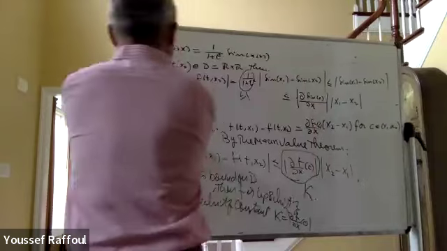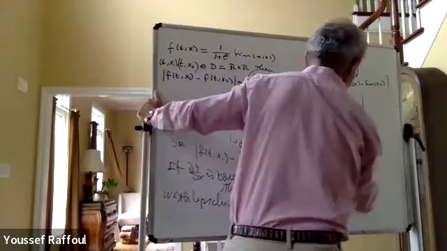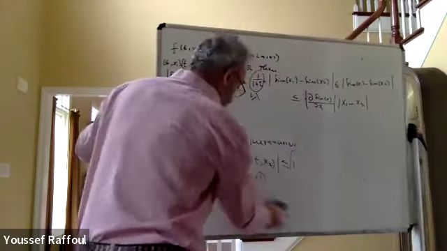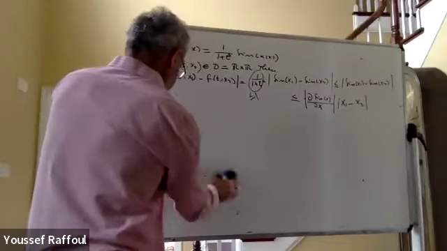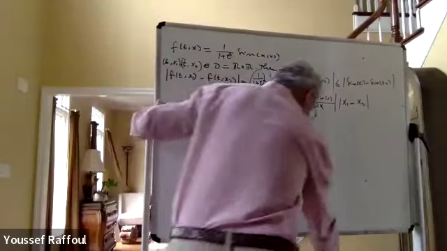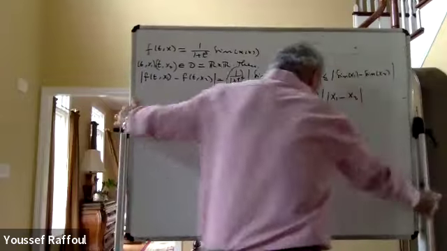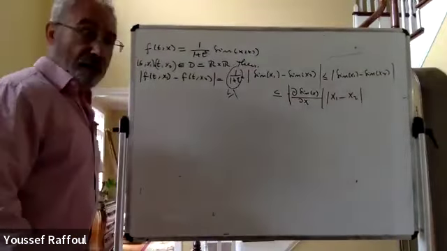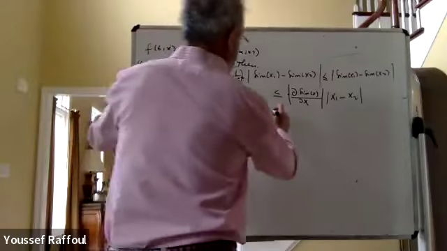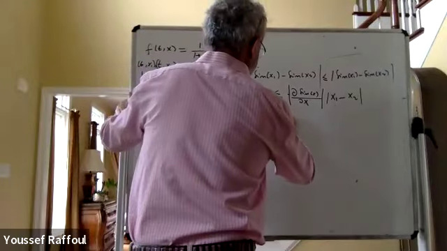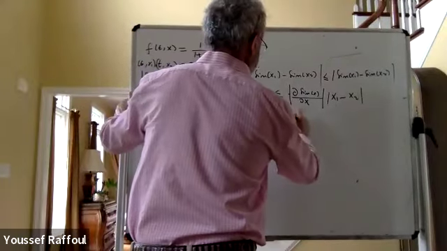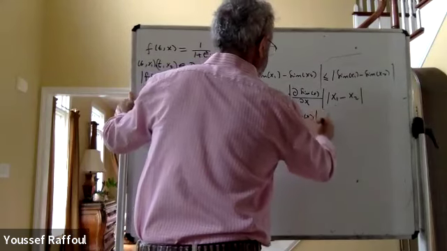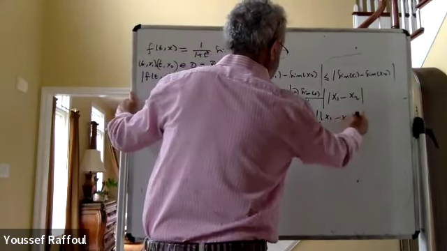And so this is equal to cosine x times x1 minus x2.